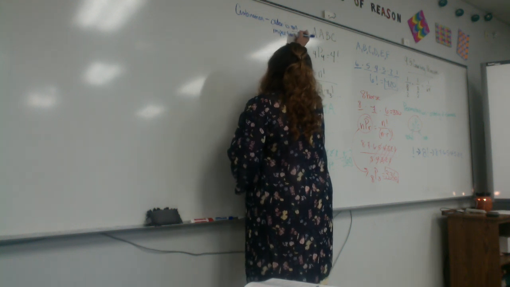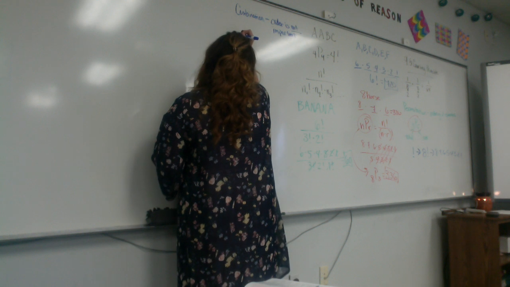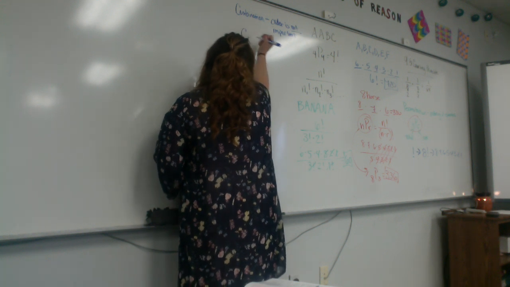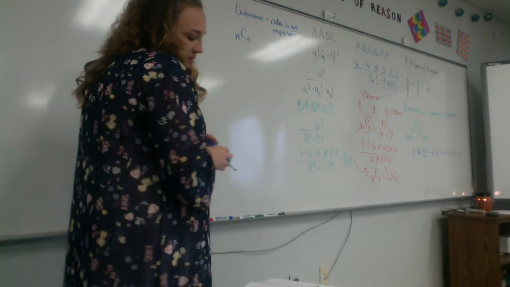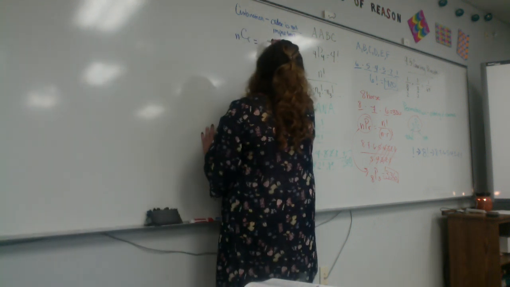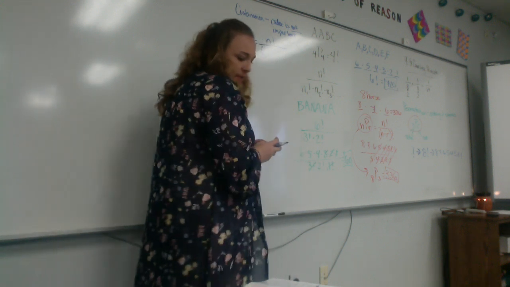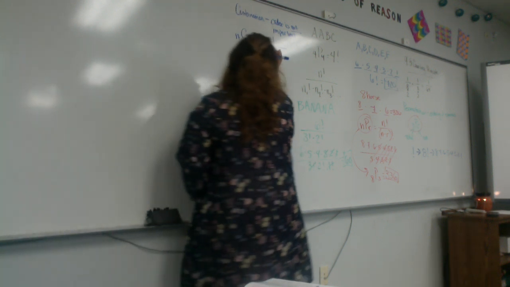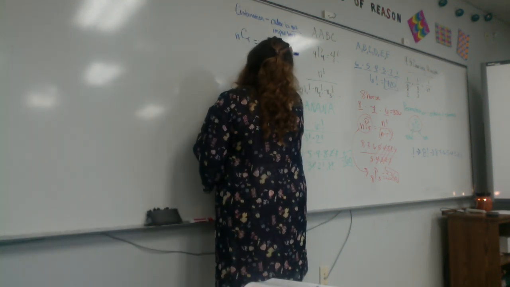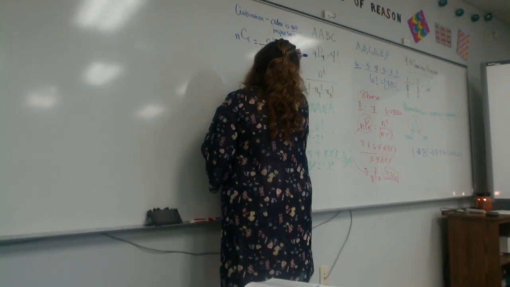In our calculators, we can see combination written as nCr, and that breaks down to this: the permutation of n over the permutation of n minus r, times the permutation of r.